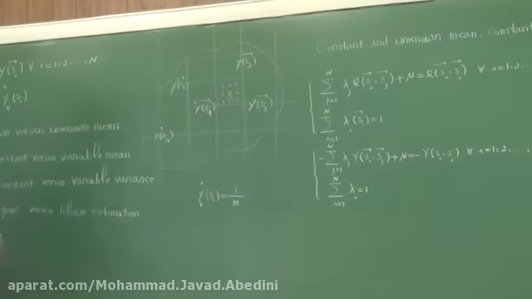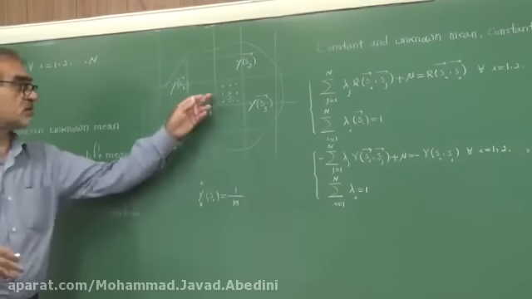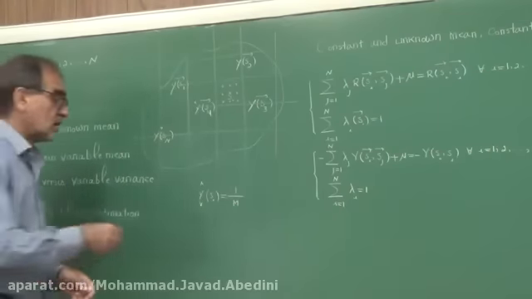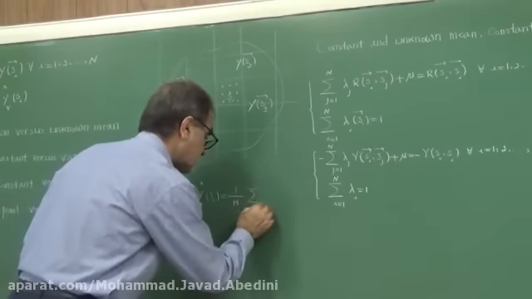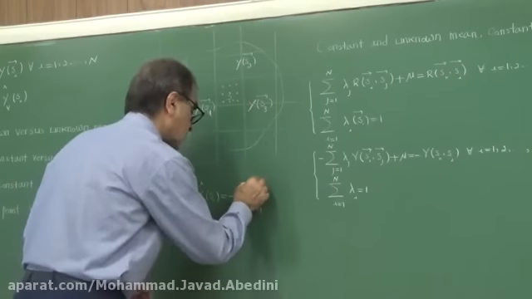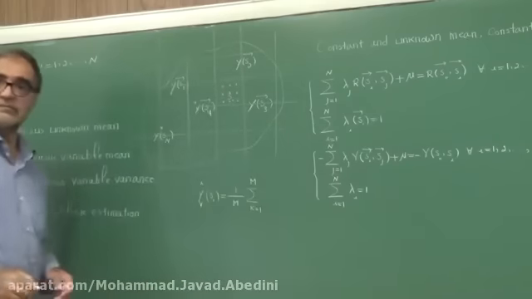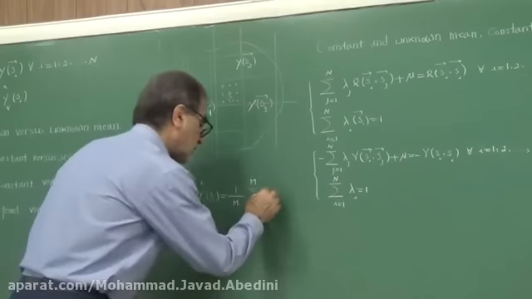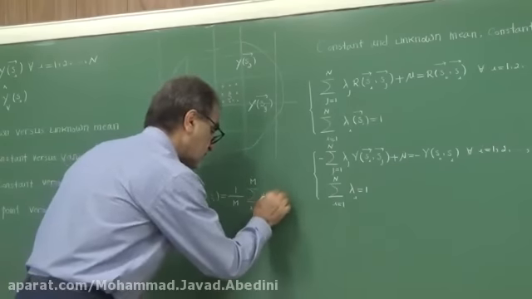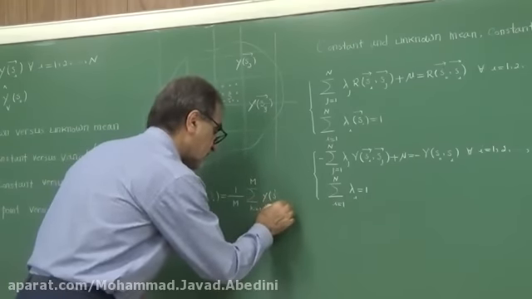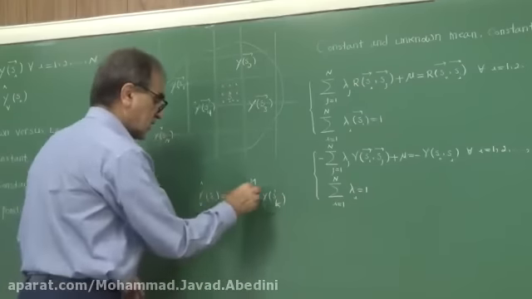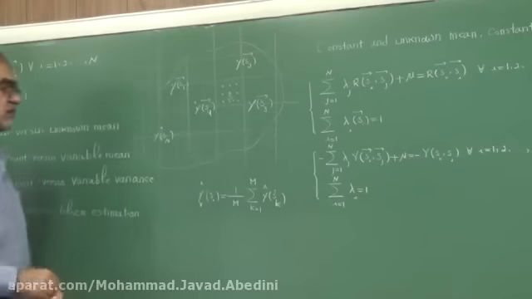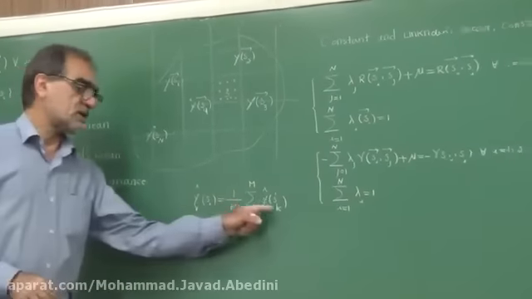M is the number of discretized points inside your block. And then summation k from 1 to m of y s prime of k. And these are the estimated values of y at each point.